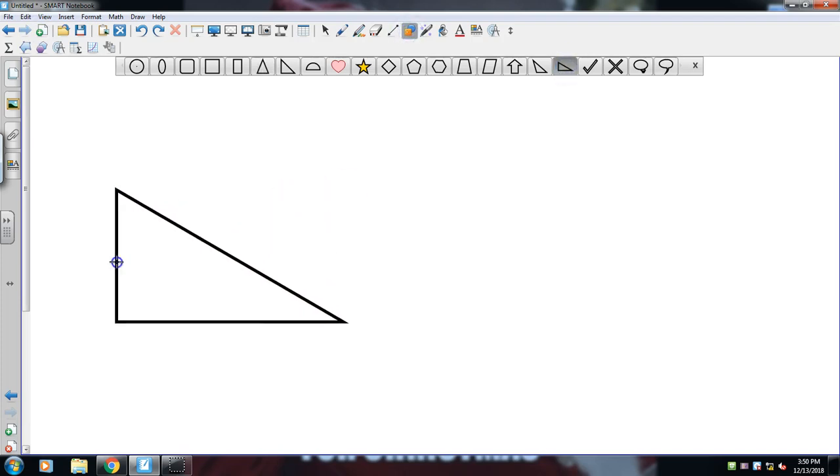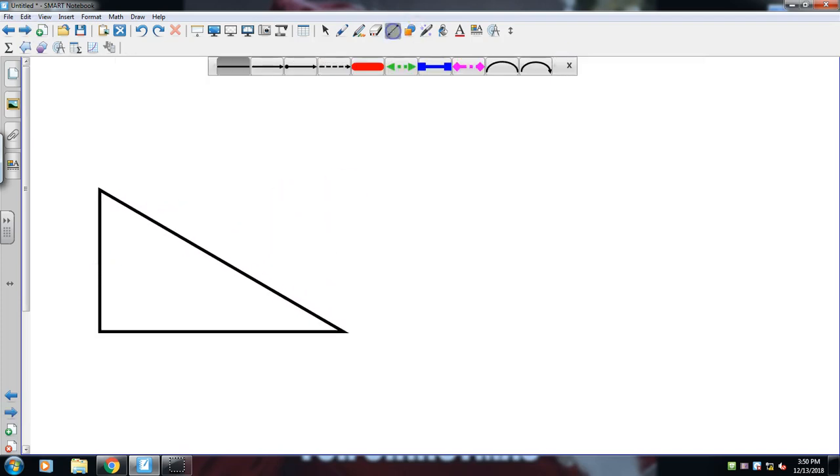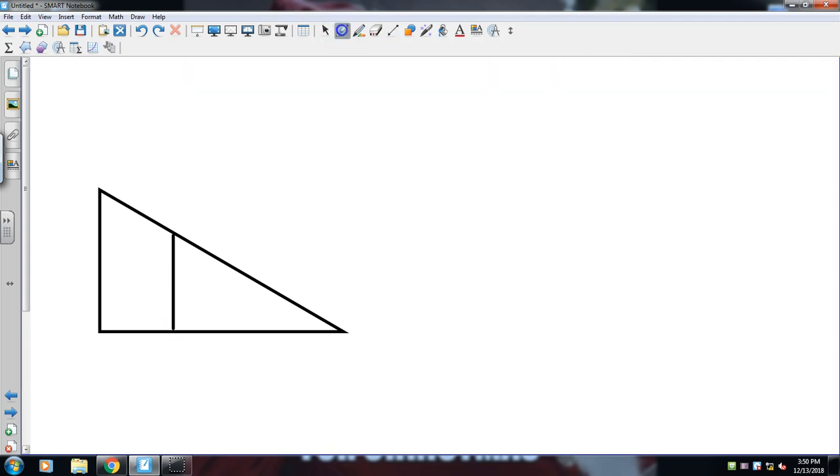Now let's take that triangle there. Let's throw a parallel right there. Let's go ahead and label that. Again, the labels will be just a little bit different.